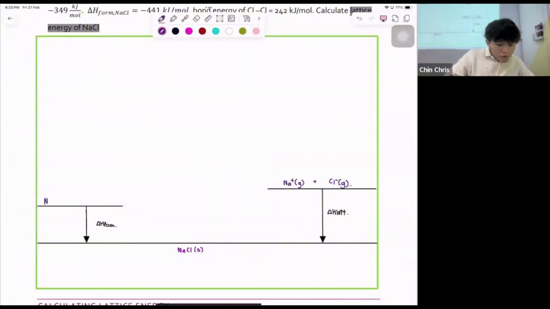Definitely, I need 1 mole of sodium, and sodium under standard condition is solid state. And guys, where do we get Cl from? We get Cl from chlorine gas, and under standard condition it is a gas. And I can put a half here.